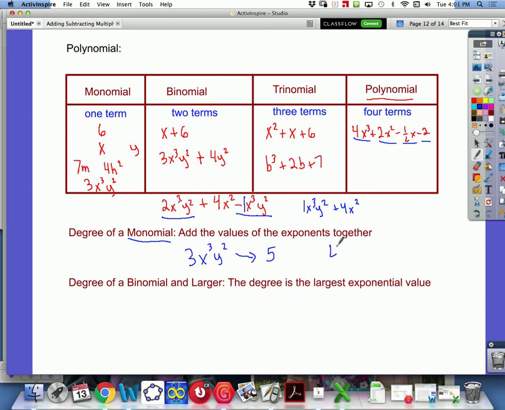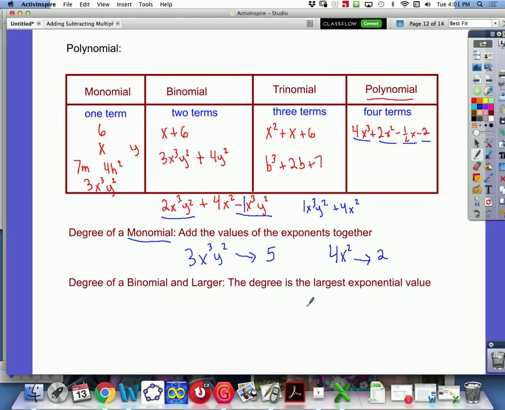If they give you an easy one, like 4x squared, then the degree is just 2 because that's the only exponent in the problem. So if there's more than one variable, we add them together. If there's only one, it's just whatever the degree is.